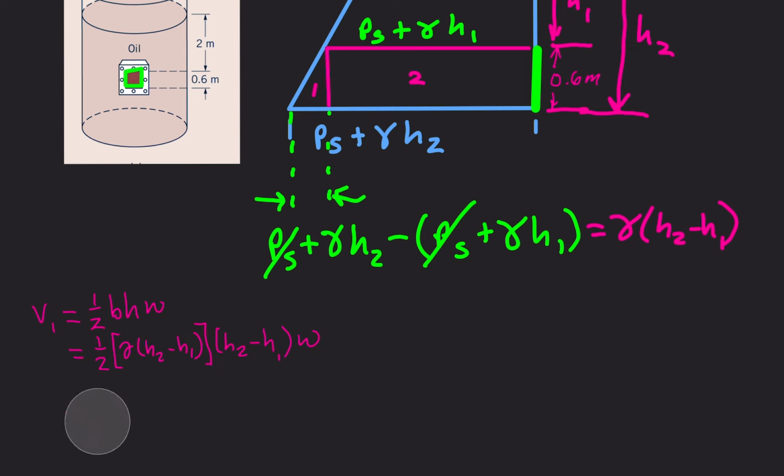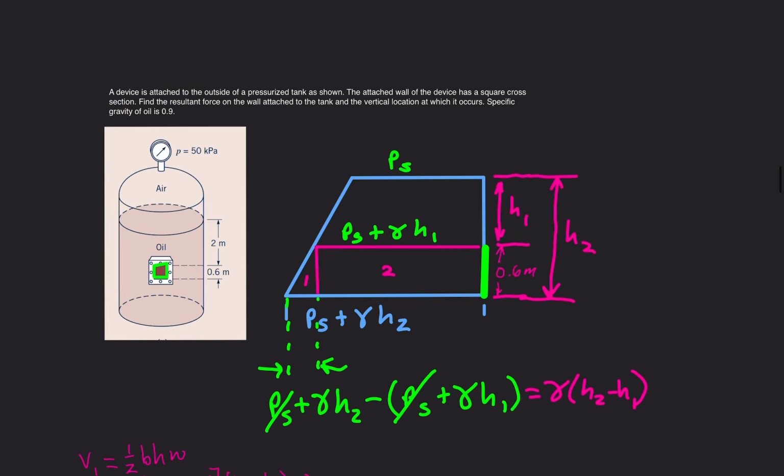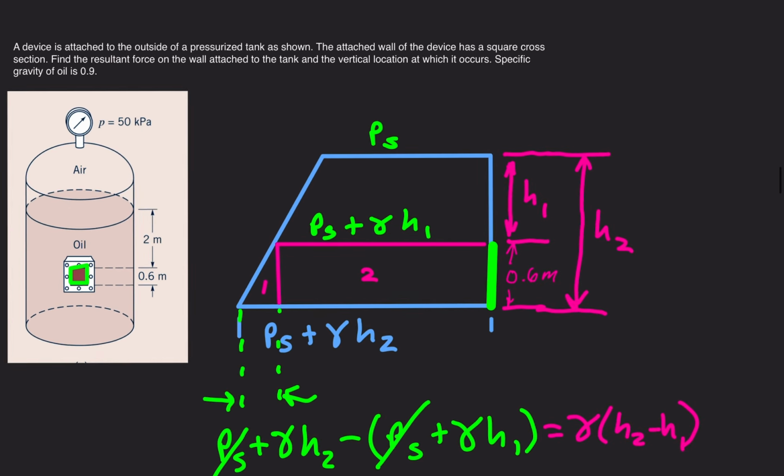Let's go ahead and figure out the specific weight of this fluid. We are told that specific gravity is 0.9. And we know that's equal to the ratio of the specific weight of the fluid to the specific weight of water.